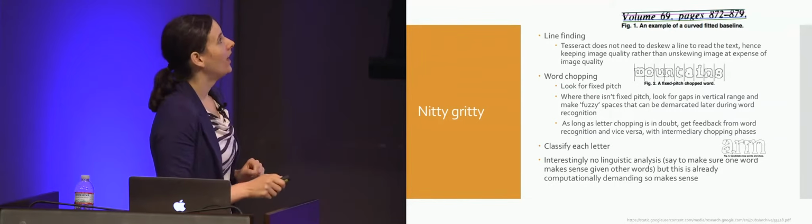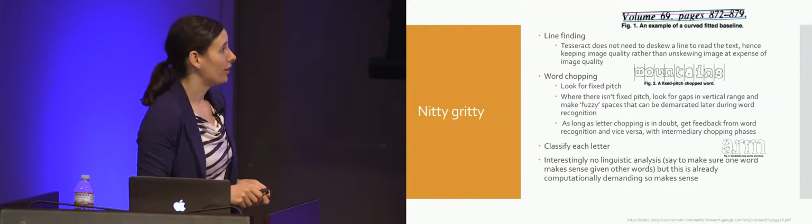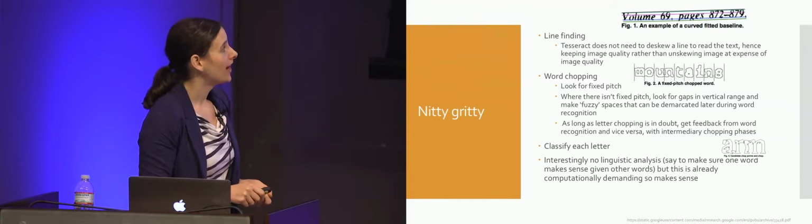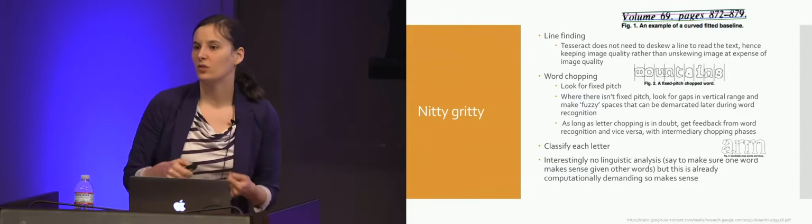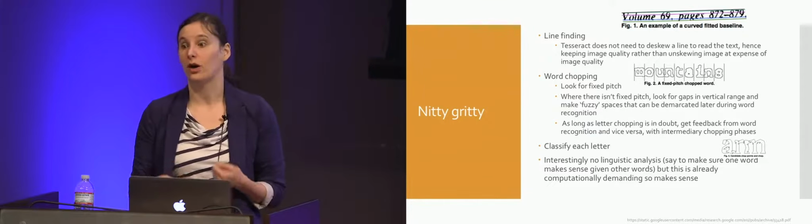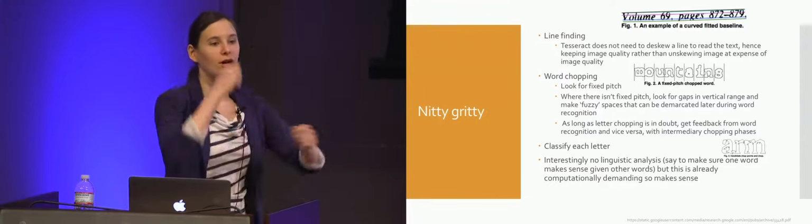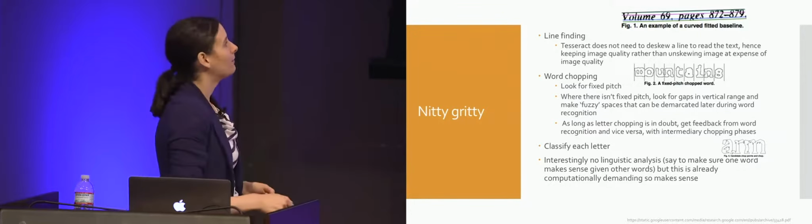What is this letter? It's not always easy, especially with this training data they got, right? That newspaper font. So they also have to figure out sometimes how to chop up different letters, right? So if letters are connected, exactly where do you chop them? And where you decide to chop them might impact how good a job you can do on guessing what they are. So you have all these sort of related problems that feed back and forth, back and forth.